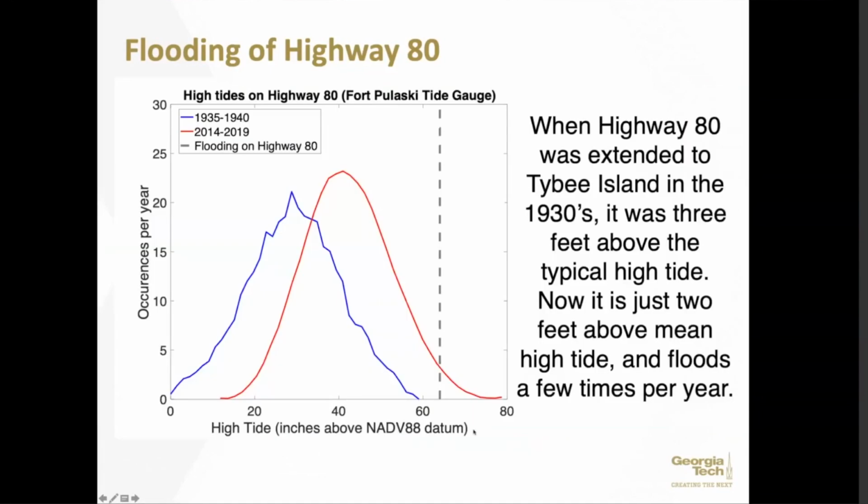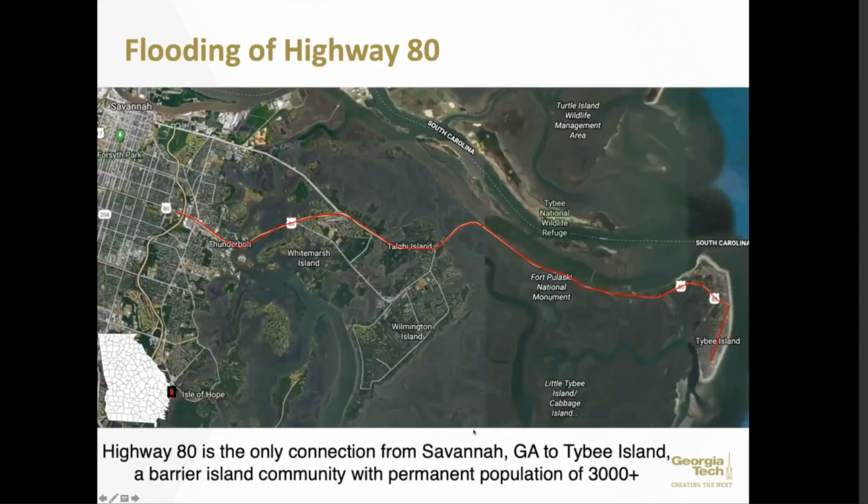So if we look at data from the tide gauge at Fort Pulaski, just to back up for a second, Fort Pulaski, I should have marked it on this map, is here just off of Highway 80, and is the site of the only long-term tide gauge in the whole state of Georgia.